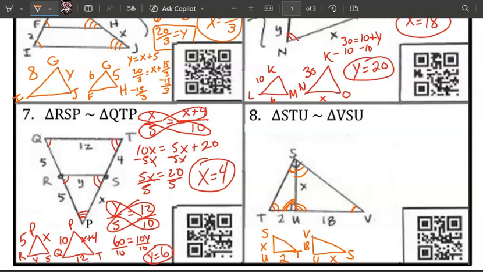And separate proportion. X over 2 equals 18 over x. Let's cross multiply. 36 equals x squared. Take the square root. X equals 6.